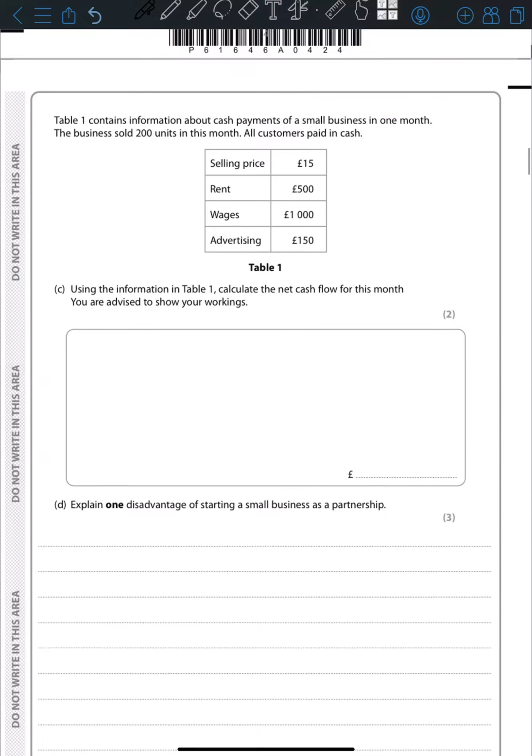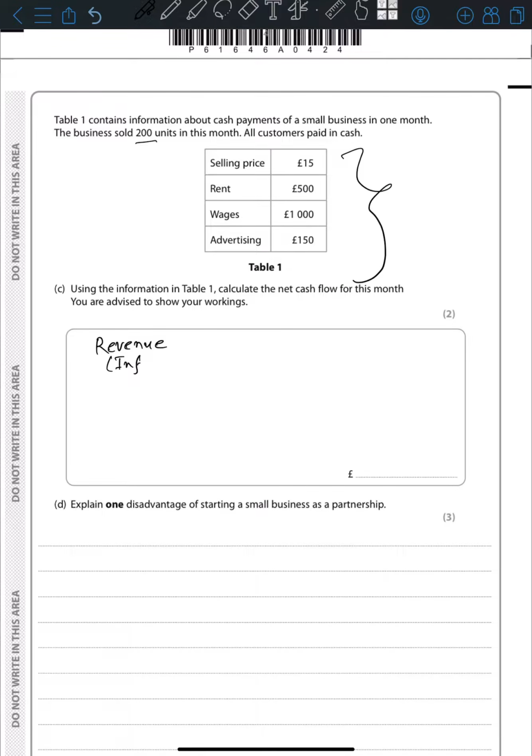So firstly, we know that all of these were cash payments. So this makes our job easier. We have the selling price, we have the number of units sold. So we are going to firstly go by revenue, which is my cash inflow basically. We need to calculate the net cash flow. So net cash flow means cash inflow minus cash outflow.